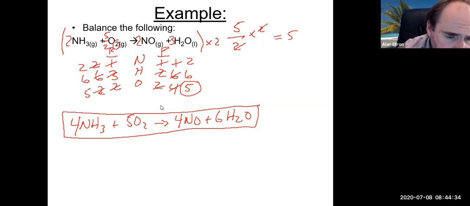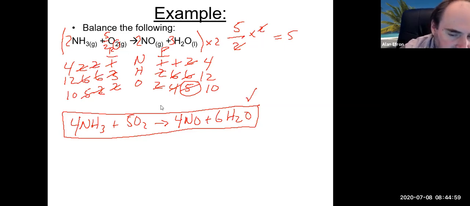So we have on the left 4 nitrogens, we have 12 hydrogens, and 5 times 2 is 10 oxygens. Right-hand side, we have 4 nitrogens. 6 times 2 is 12 hydrogens. We have 4 oxygens here and 6 more in that last one is 10. So we are balanced in this case.